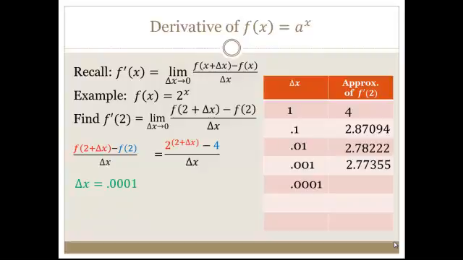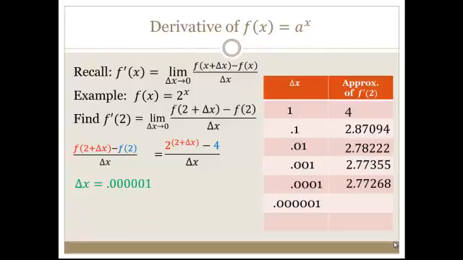Next, we compute our approximation of f prime of 2 using delta x equals 0.0001. Here we compute 2 to the 2 plus 0.0001 minus 4 over 0.0001 to be 2.77268, which agrees with our last approximation in the first two decimal places.